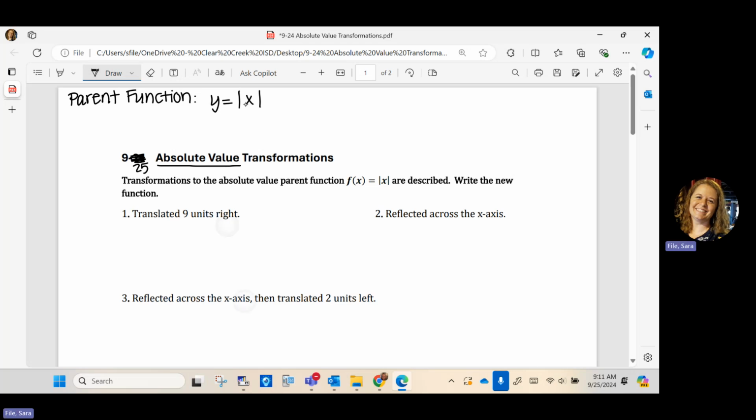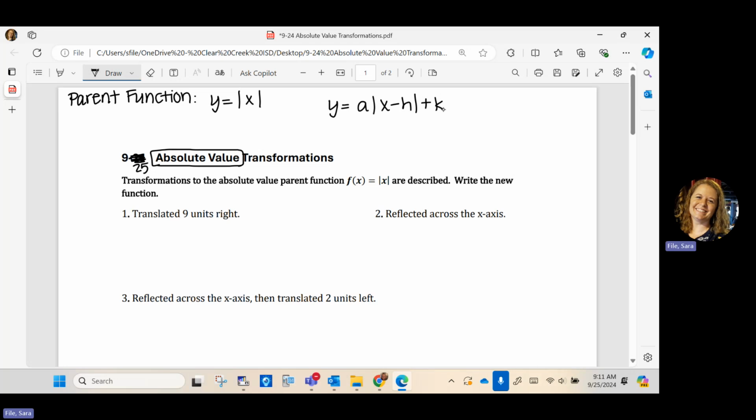Okay, now what we're talking about, again, this is the absolute value parent function up there. When we talk about transformations, what those notes last week went over, here's the equation with the possible transformation values in there.